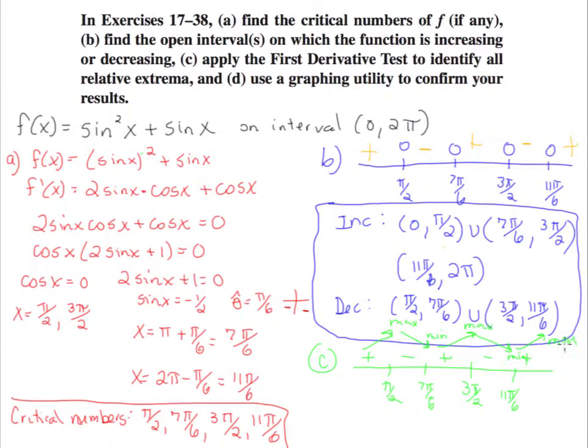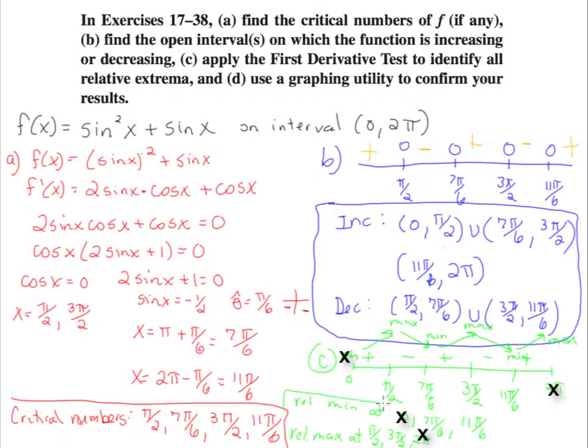When we switch from a decreasing to an increasing function, we have a relative minimum. Now, since this is a closed interval from 0 to 2 pi, we will also include the endpoints 0 and 2 pi as relative maximums or minimums. So looking at this data, we have some relative minimums at 0, 7 pi over 6, and 11 pi over 6, and relative maximums at pi over 2, 3 pi over 2, and 2 pi.